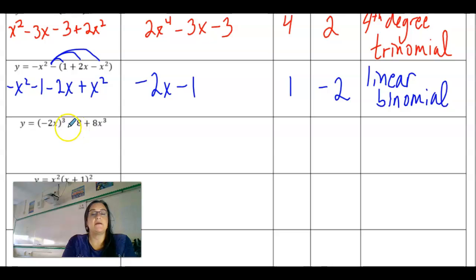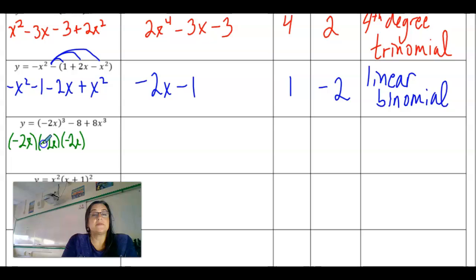Okay, so in our next example, we've got a negative 2x, and that quantity is being cubed. So that's a negative 2x times another negative 2x times another negative 2x, right? That's what negative 2x quantity cubed means.